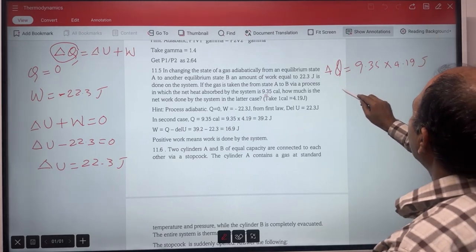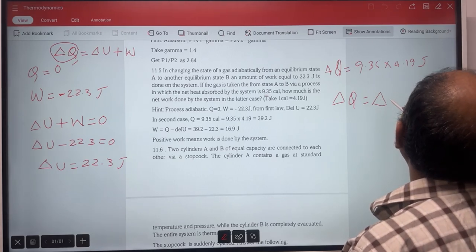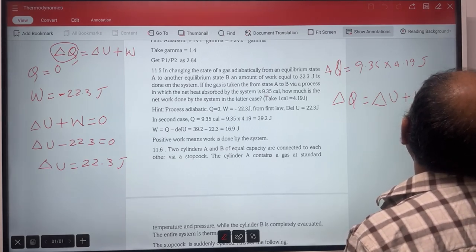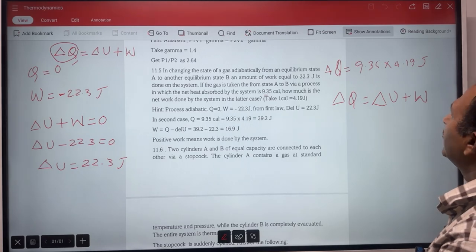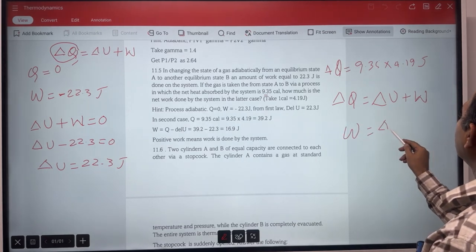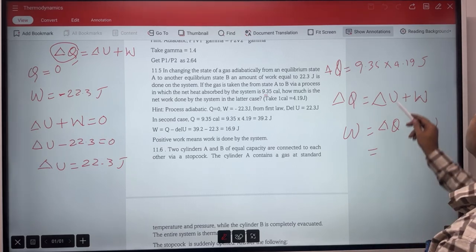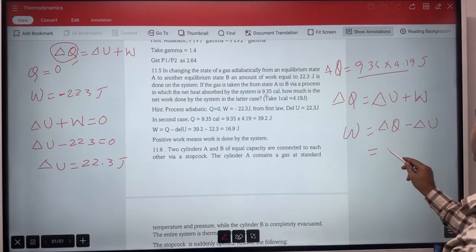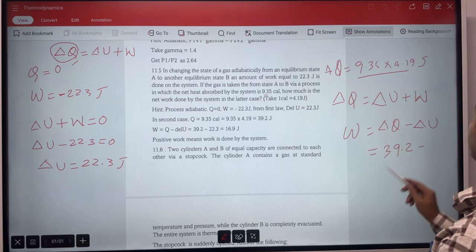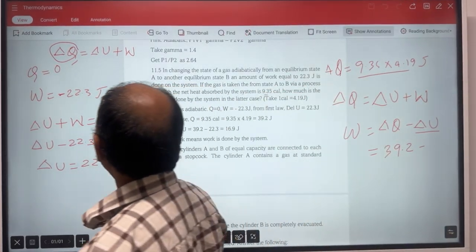Again we apply the same formula. So delta Q equal to delta U plus W. Right, and here we have to find out W. So W equal to delta Q minus delta U, and delta Q is this much, which comes out to be 39.2 joule, minus delta U we have just found, that is 22.3 joule.